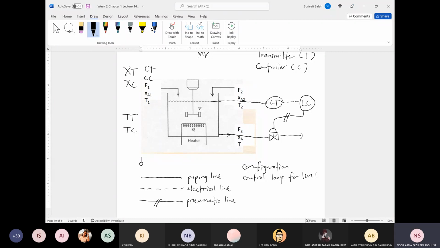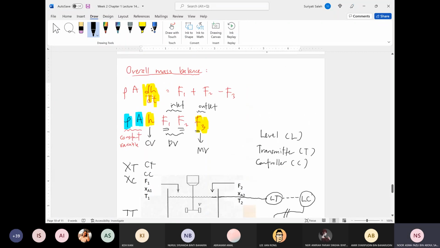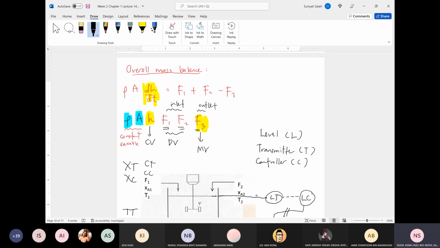Okay, for this part it does not involve Q yet, because this one is for the overall mass balance only. If based on the equation, you cannot see any Q here, right? So this means it's not a manipulated variable and it is not a disturbance variable for maintaining the level.